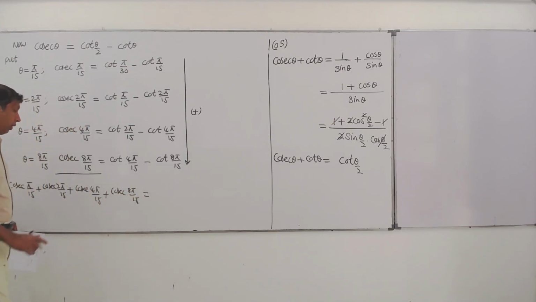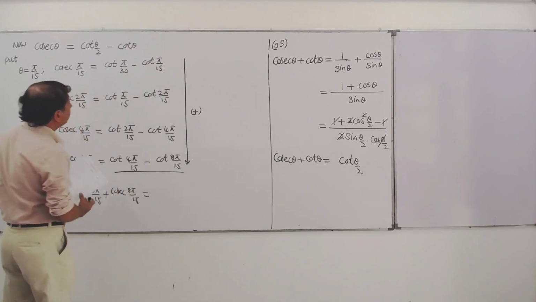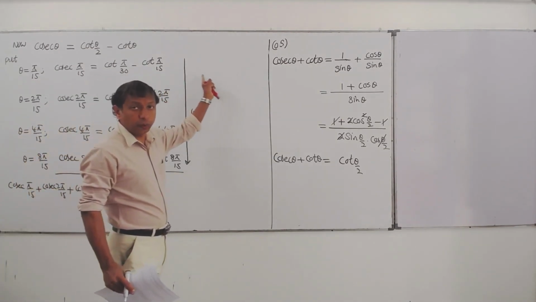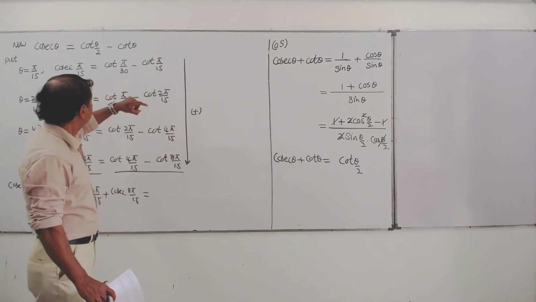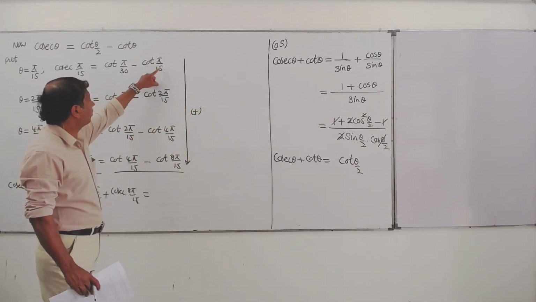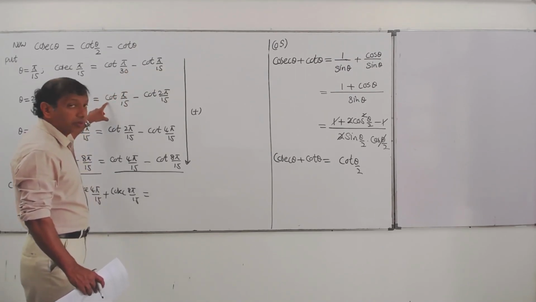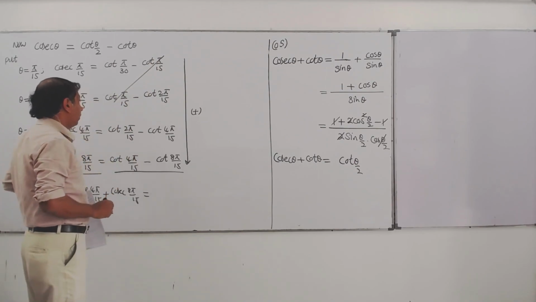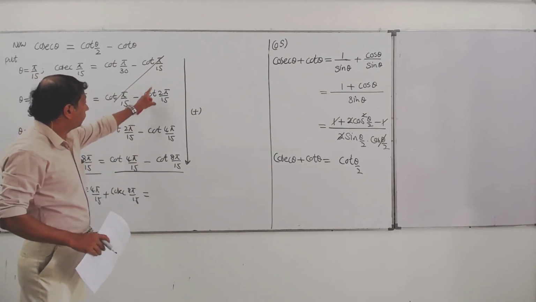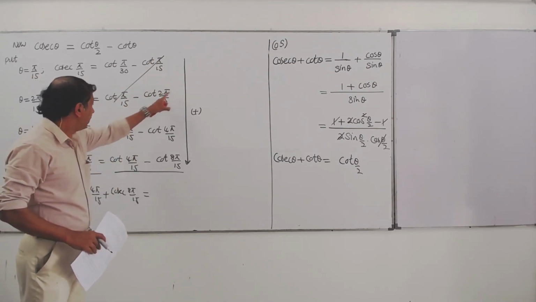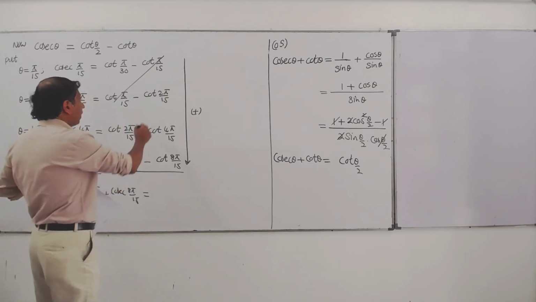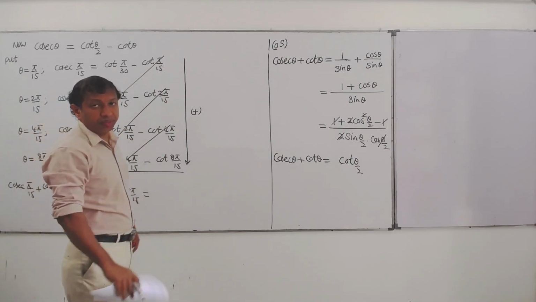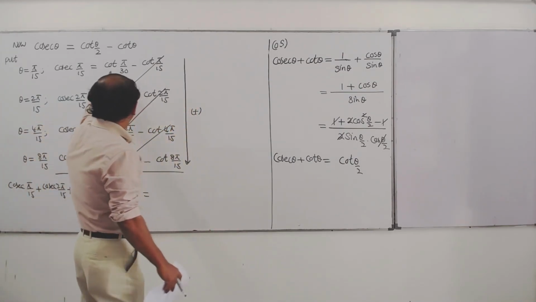On the right hand side, all terms we must write along a line. Then this is cot pi by 15 with minus, this is with plus. These two will cancel off. Here minus cot 2 pi by 15, to that we add cot 2 pi by 15. These two will cancel. Similarly, these two will cancel off. Then the terms remaining are this and this only.